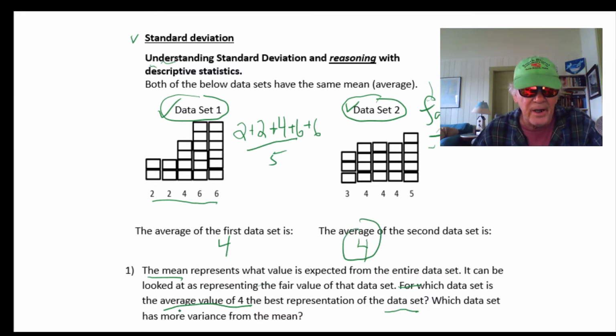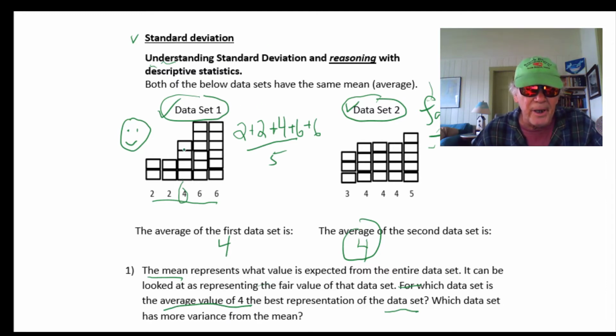Which data set has more variance from the mean? Well, hopefully you're going to pick this one here, because this has more variance. In other words, the data varies more from the mean in this data set than in this data set. Now that's what we're trying to get at.